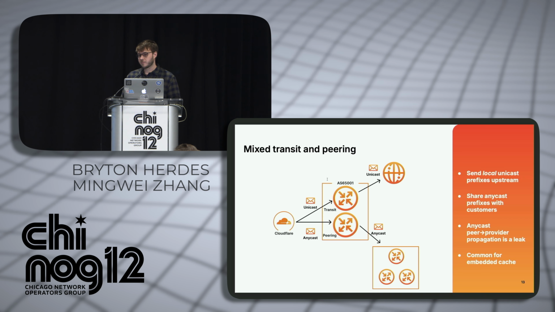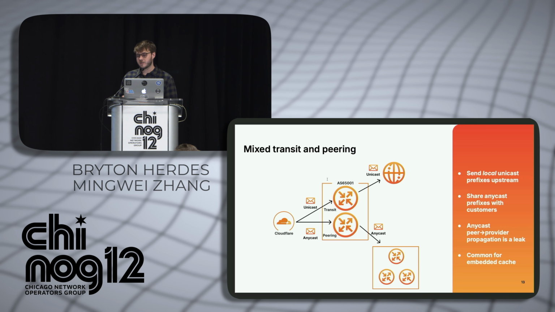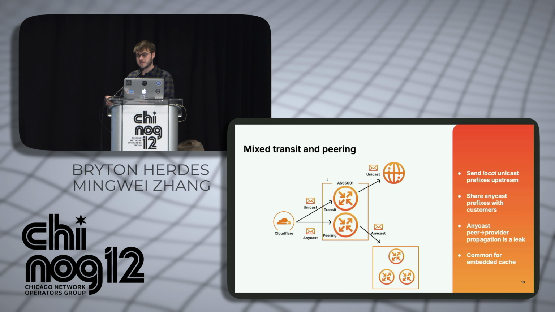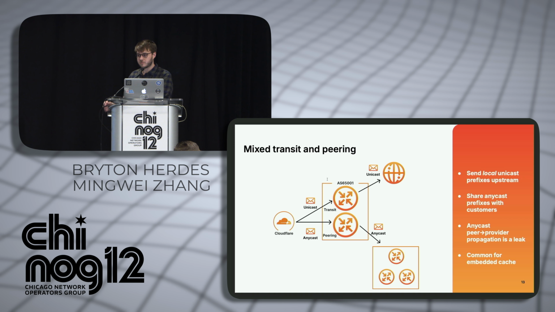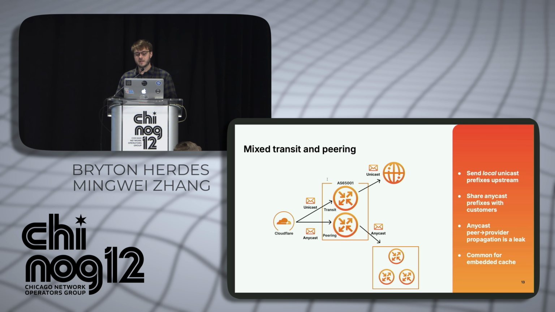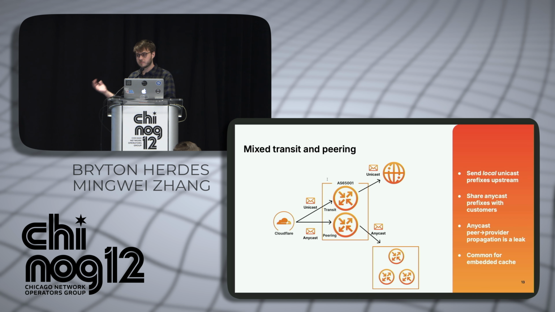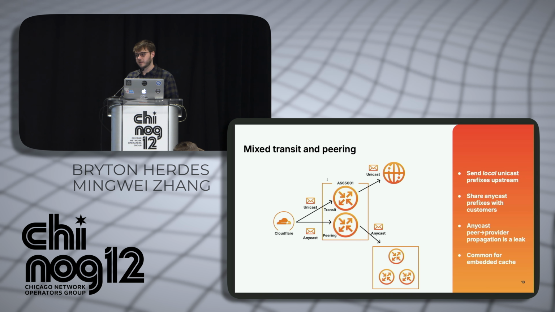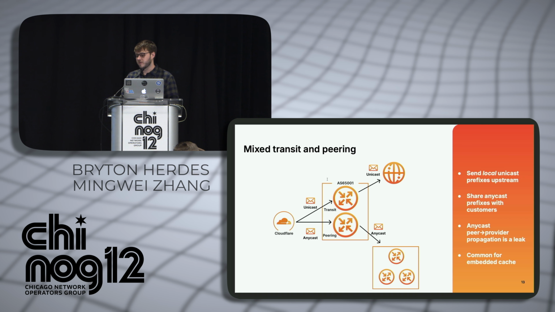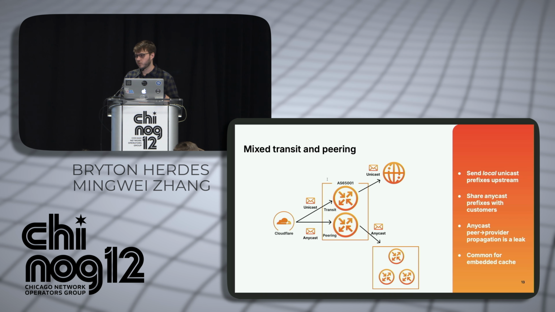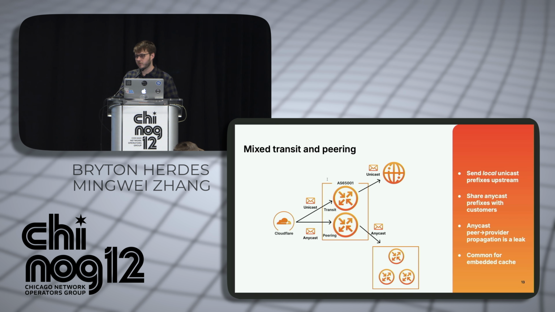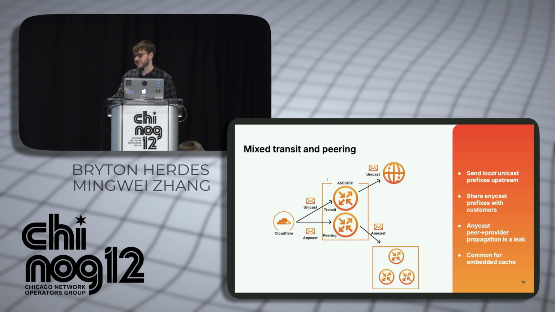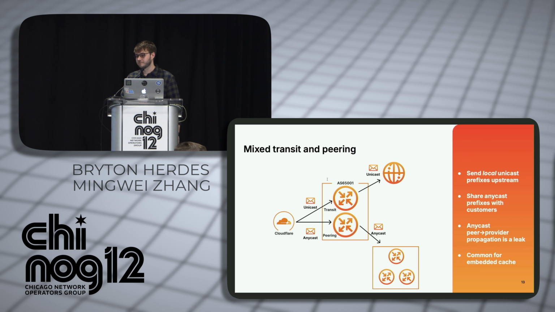Please take my routes over peering if they're Anycast and only share them with your customer cone. So intended scope of Anycast is only your customers, just be a peer. But intended scope of unicast is global connectivity. This is really common for a Cloudflare embedded cache deployment, so like a remote data center with one partner network. Obviously, we need global connectivity with unicast, but we just want to serve their customers with Anycast.